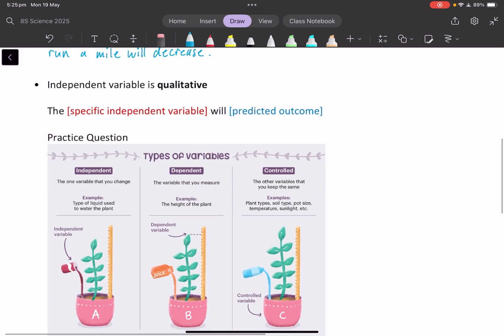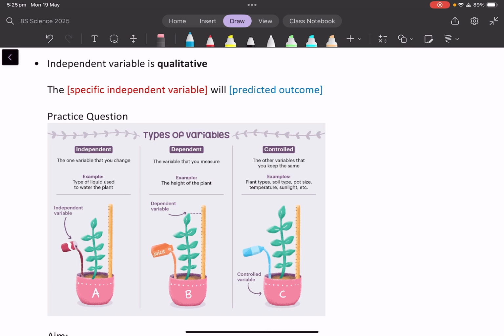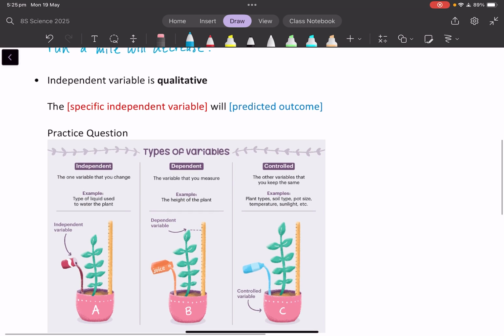The other way is if your independent variable is qualitative. When it's qualitative, it doesn't involve numbers, it involves words. If I wanted to measure the color of something, well, a color is a word.